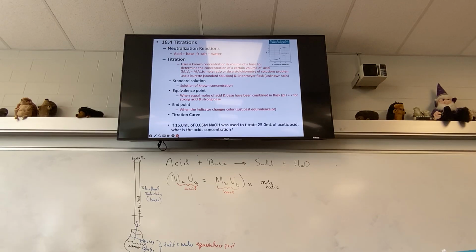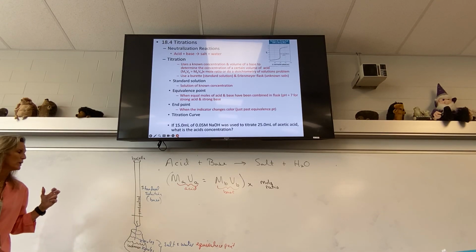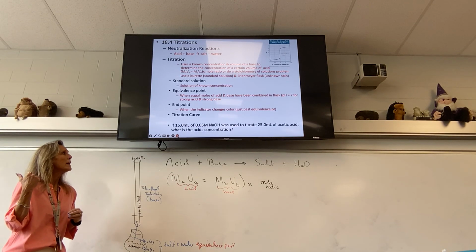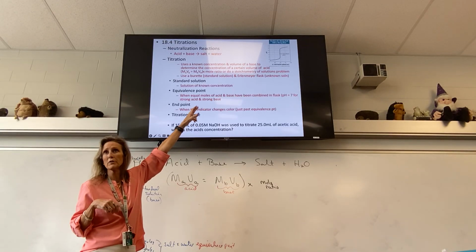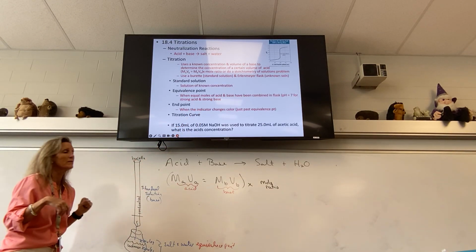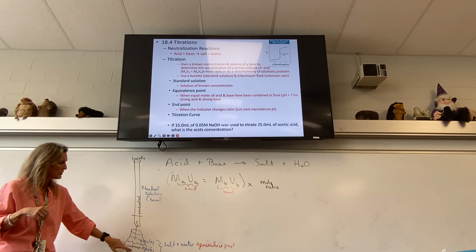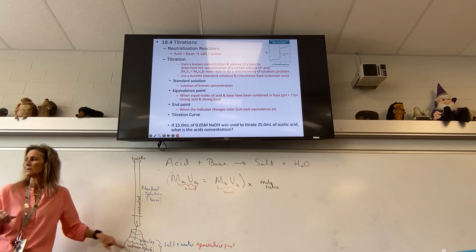And then the other way we could tell that we're at the equivalence point is with the pH meter. We'll talk more about that on the next slide. And if we used a pH meter, we could create what's called a titration curve, which is what's up there in that picture on the top left-hand corner. So it just plots how the pH of this solution is changing as we add more and more base.